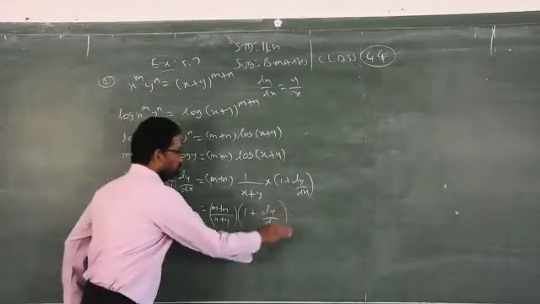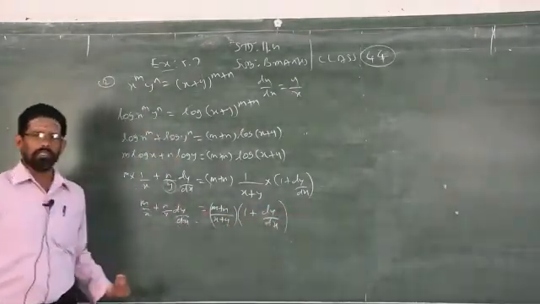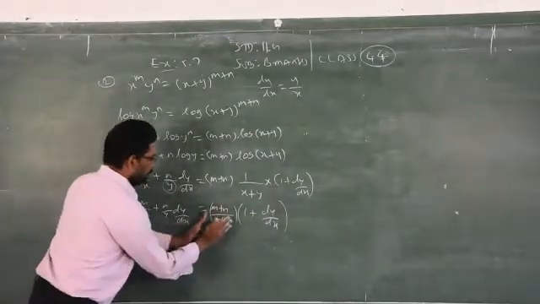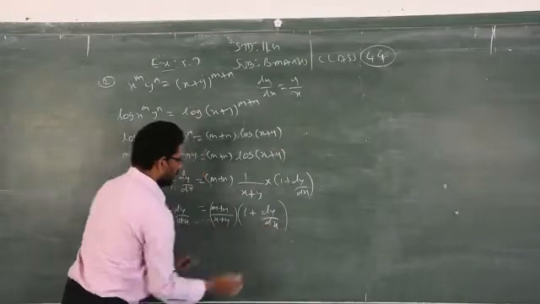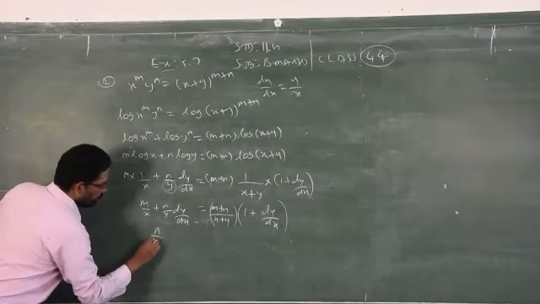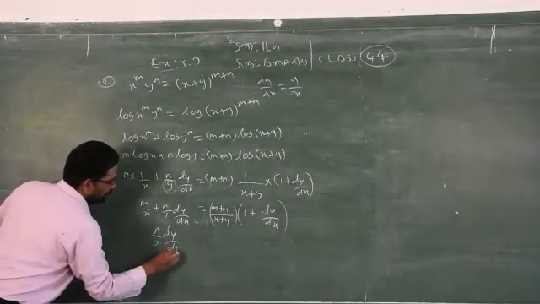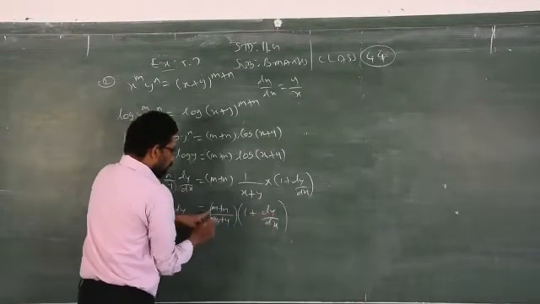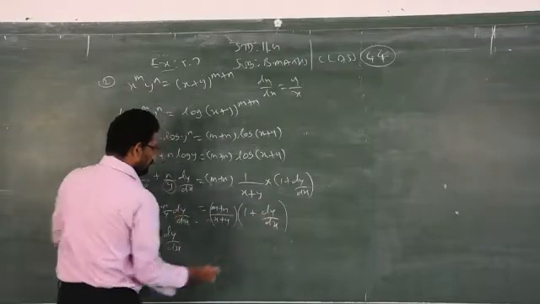Now you have to take the dy by dx terms to the left side, other terms to the right-hand side, for which you have to multiply m plus n by x plus y inside the bracket. So I am keeping n by y dy by dx on the left side. When I multiply this inside the bracket, I get m plus n by x plus y, dy by dx.